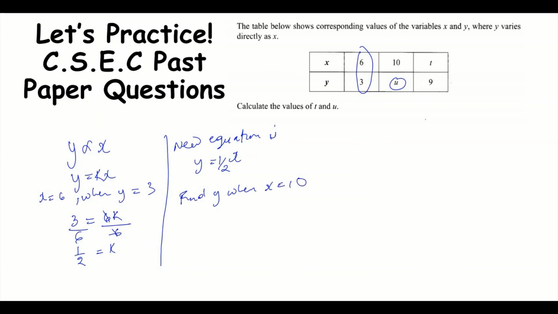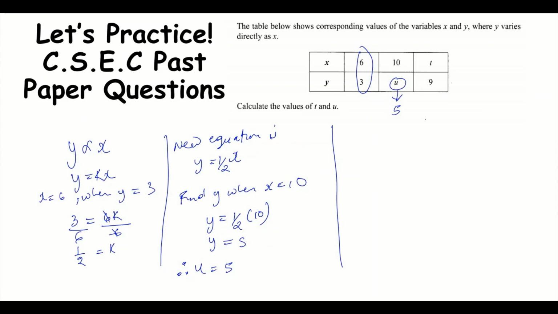So we're going to plug it into our new equation and solve. So find y when x is 10, and that will give us u. So hence y is equal to 1/2 of 10. So y is equal to 5. So we know that u is equal to 5.